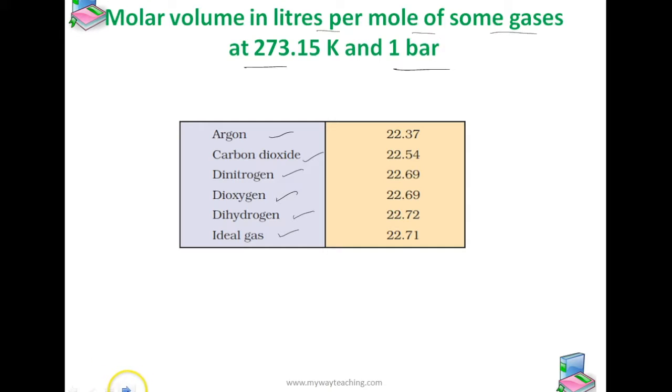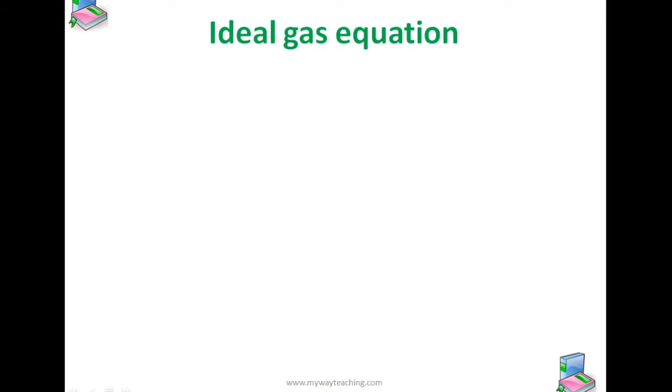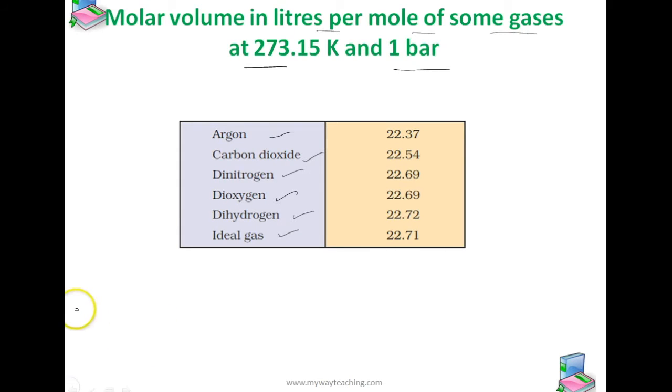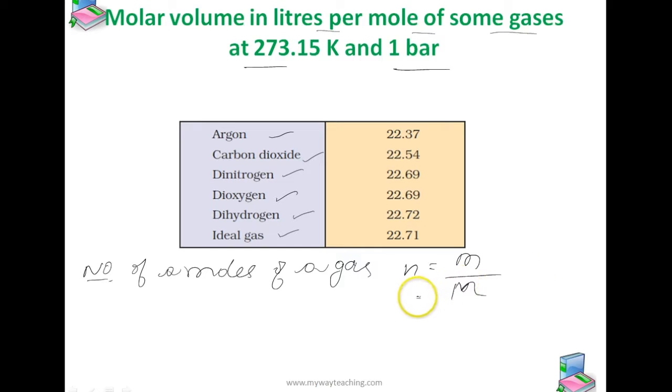Next, before going to the ideal gas equation, I will explain how the number of moles of a gas can be calculated. The number of moles n is equal to small m divided by capital M, where small m is the mass of the gas under investigation and capital M is the molar mass.